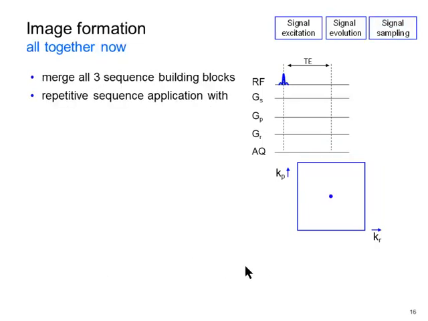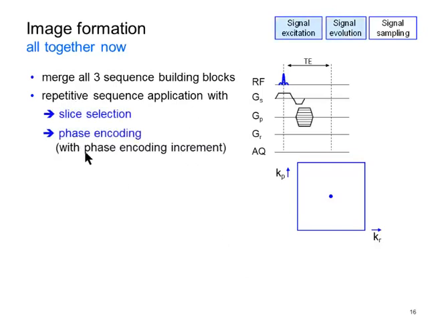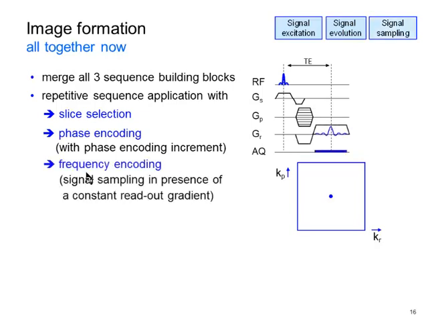All right, let's put all three things together. We start with the slice selection. We have the phase encoding, which is incremented step by step. We have the frequency encoding. And if we repeat this experiment, changing the phase encoding gradient step by step, we are sampling the k-space.